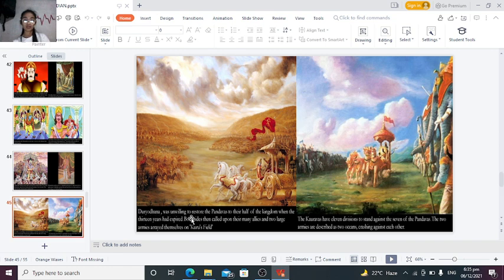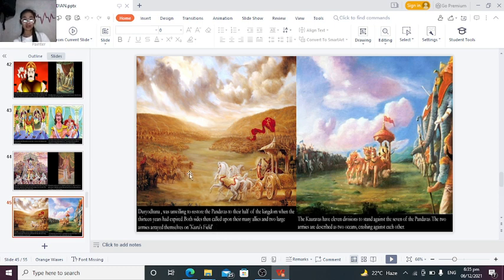Duryodhana was unwilling to restore the Pandavas to their half of the kingdom when 13 years had expired. Both sides called upon their many allies, and two large armies arrayed themselves on the Kuru field.